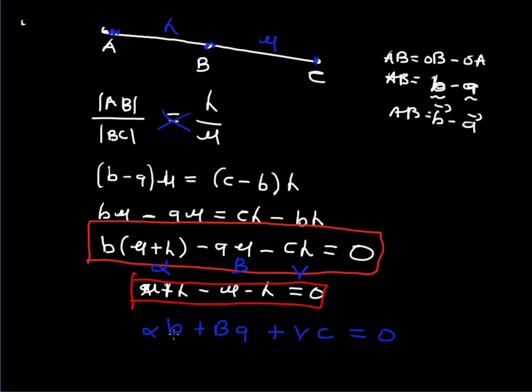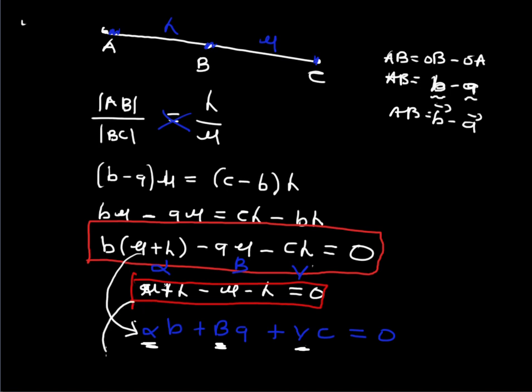All we've done here is replace mu plus lambda with alpha, negative mu with beta, and negative lambda with nu.